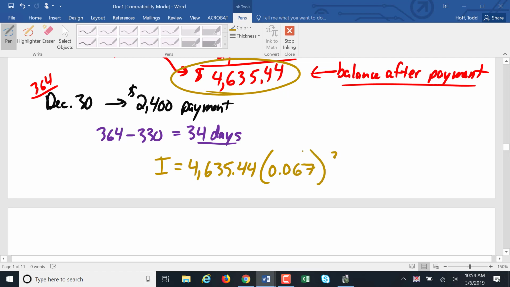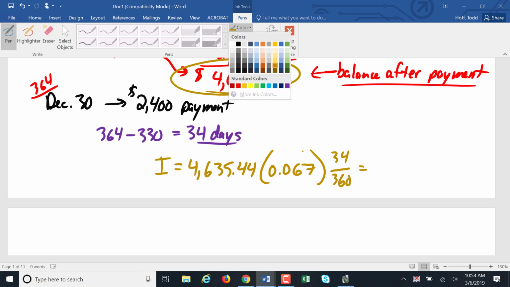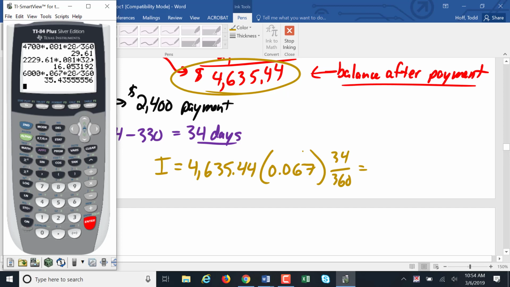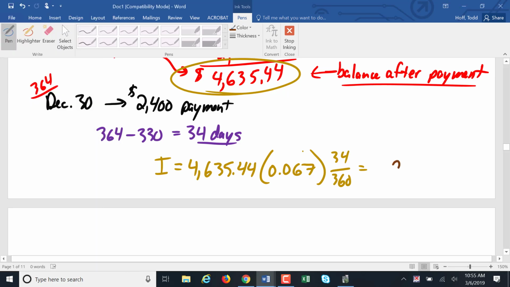And we have 34 days over 360. So 4,635.44 times 0.067 times 34 divided by 360 is $29.33 interest.